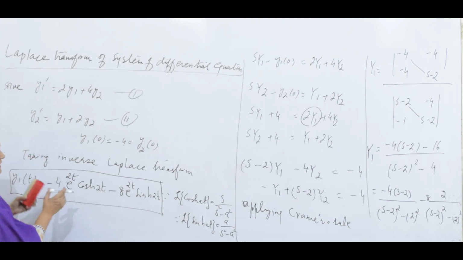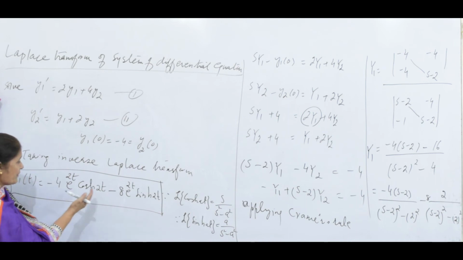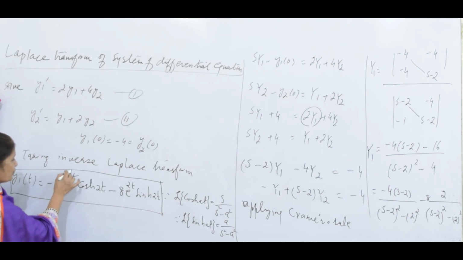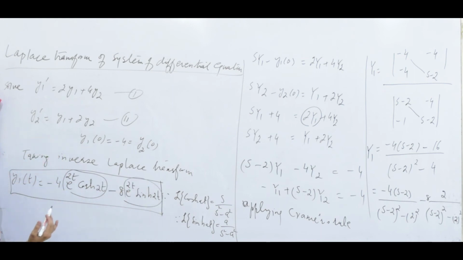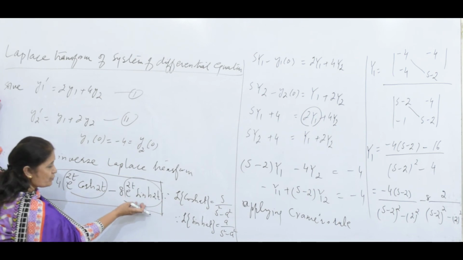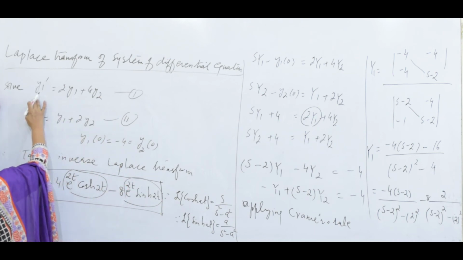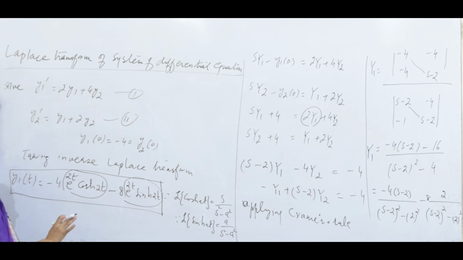But in this question y1 is a big function, because there are two functions here, and you have to apply the product rule. It is quite cumbersome and difficult to take the derivative and work with it.